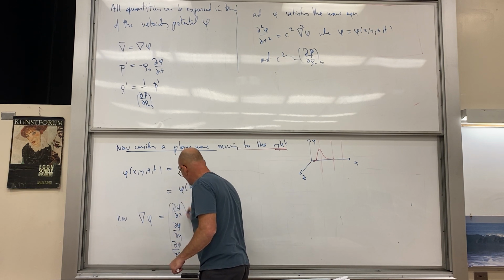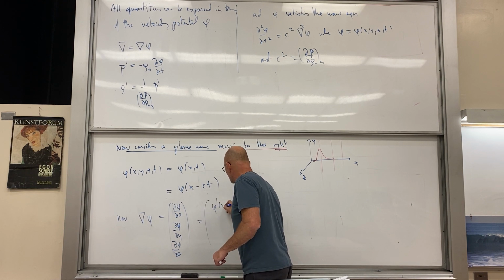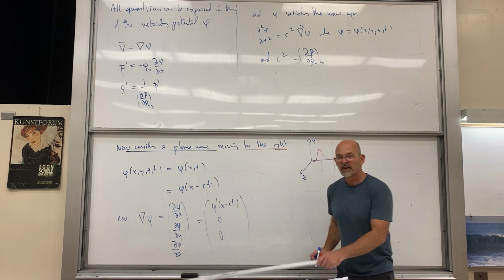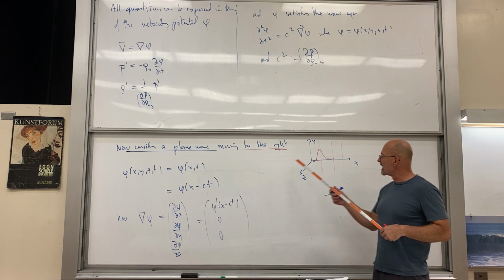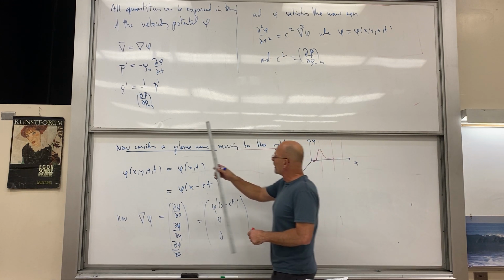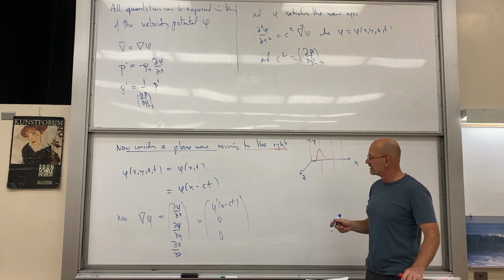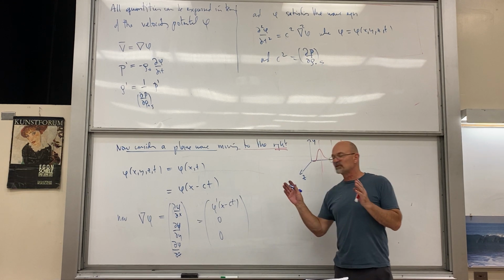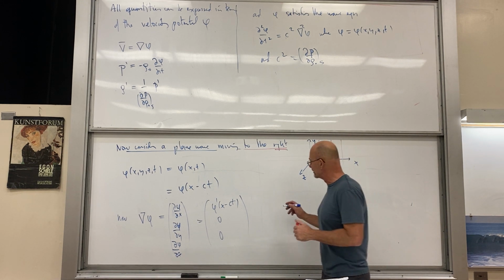It's a vector with those three components. One of them, phi prime of x minus ct. The other two components, 0. So the only velocity component is the x component of the velocity. And what that means is that a traveling plane wave in a fluid is a longitudinal wave. When you're doing electricity and magnetism, you're always talking about transverse waves. Here we're talking about a longitudinal wave.